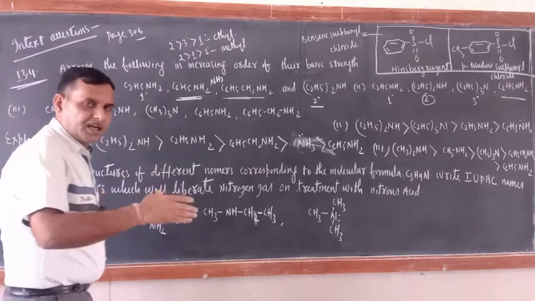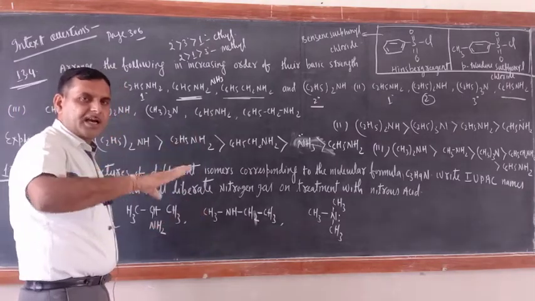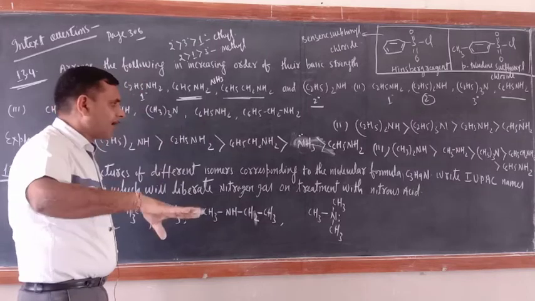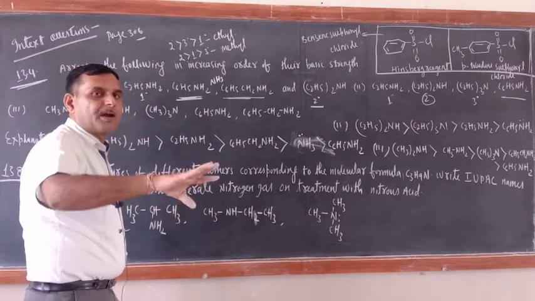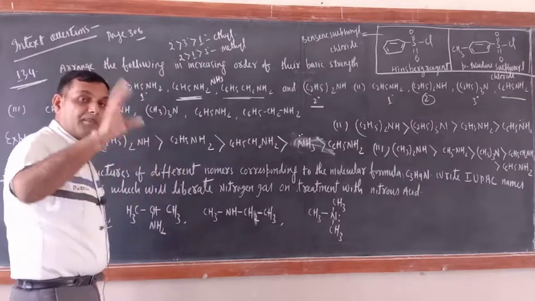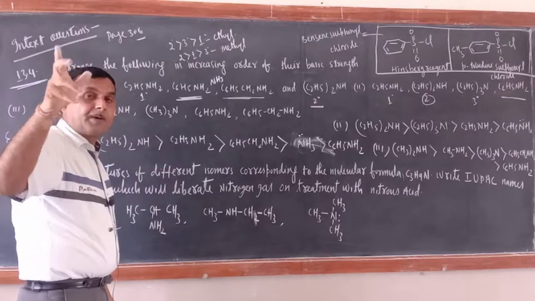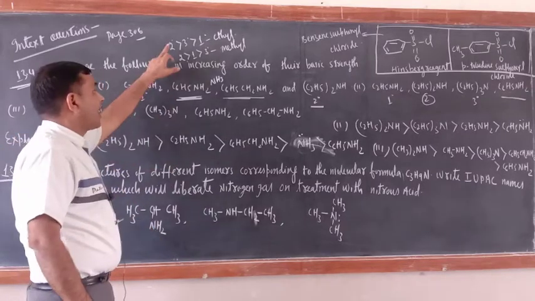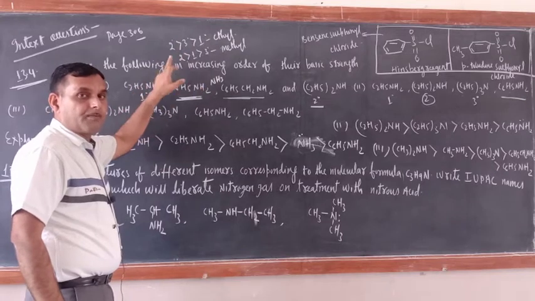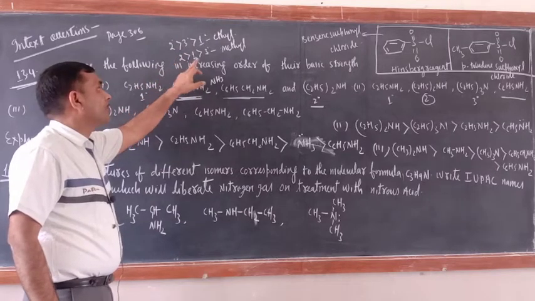So what is the order? Aliphatic amines, then aryl alkylamines, then ammonia, and then aromatic amines, that is aniline. Among the aliphatic amines, for ethyl 2, 3, 1, for methyl 2, 1, 3.